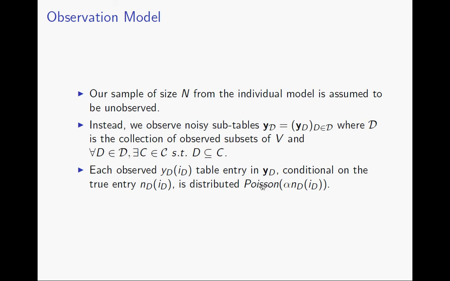Each table entry y_D sub i_D, conditional on the true entry we don't see, is distributed Poisson. So there are Poisson likelihoods for each table entry.